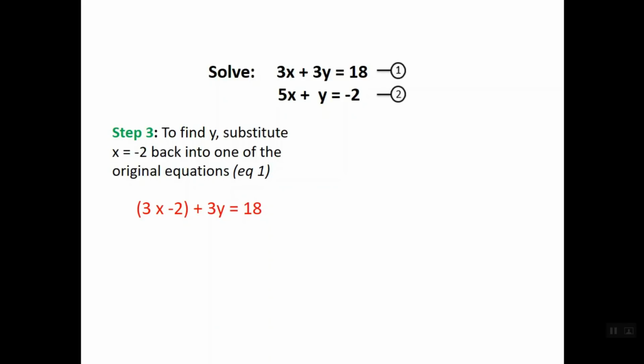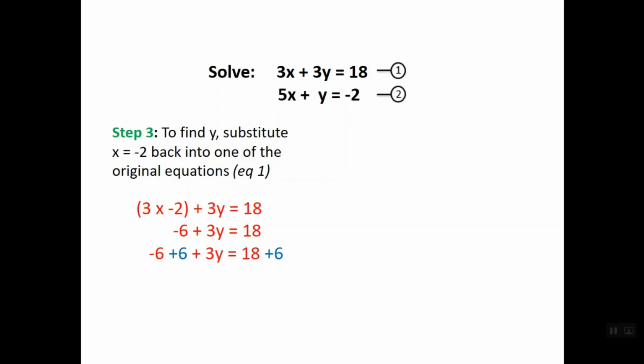Let's simplify now my left hand side. So I have 3 times negative 2, that will give me a negative 6. I write back my plus 3y equal 18. Trying to solve for y, guys, that negative 6, I first need to get rid of it. So I do the inverse of negative, which is to add. So I add 6 to both sides of the equation.